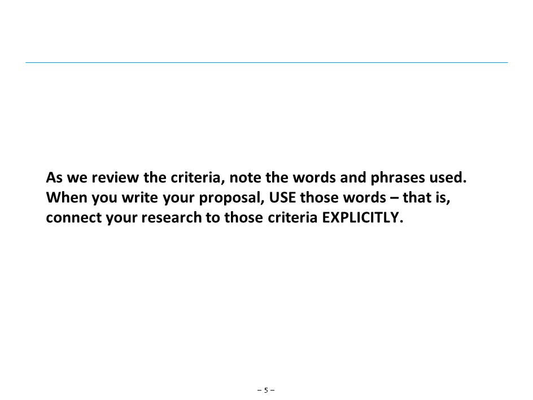As we review the criteria, note the words and the phrases used. When you write your proposal, whether it's a dissertation proposal, an NIH grant application, or any other grant application, use these words. That is, connect your research to those criteria explicitly.